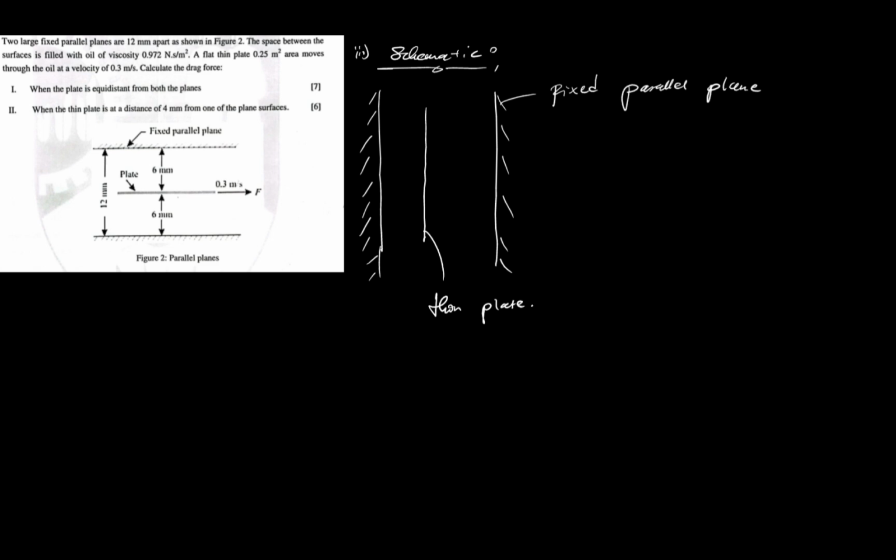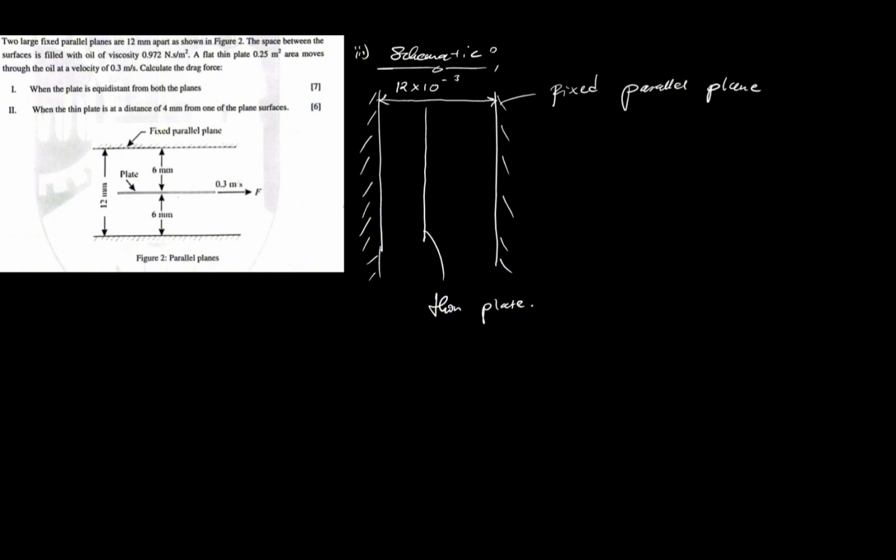So I've been told that one side should be 4 millimeters. If you remember, the entire distance here is 12 millimeters, but in meters it is 12 by 10 to the minus 3.